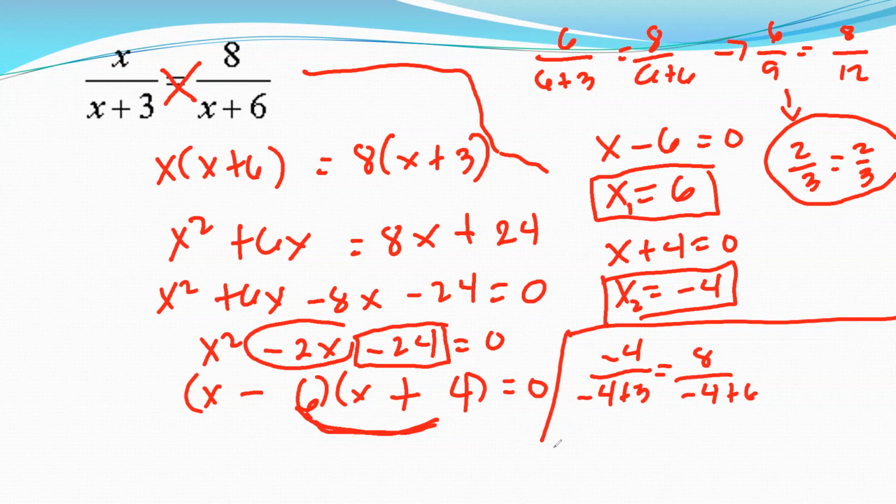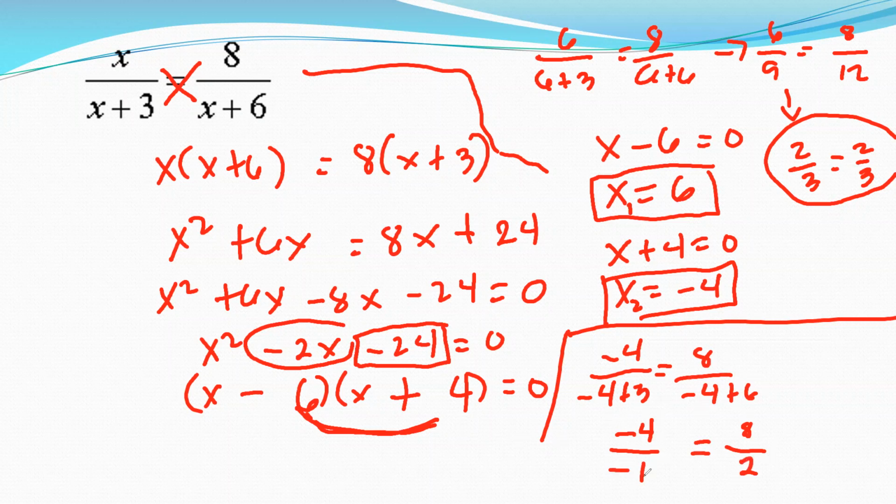Okay, so negative 4, let's simplify the denominators. Negative 4 plus 3, that's negative 1. So negative 4 over negative 1 is equal to 8 over negative 4 plus 6 is positive 2.